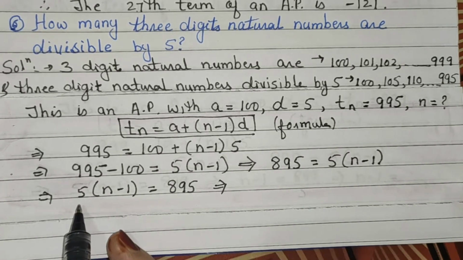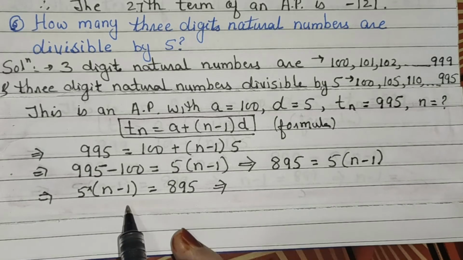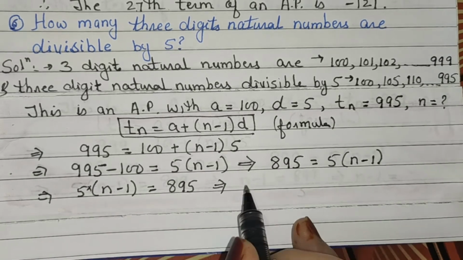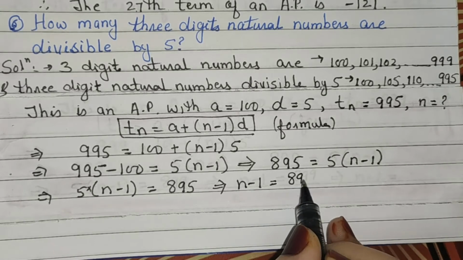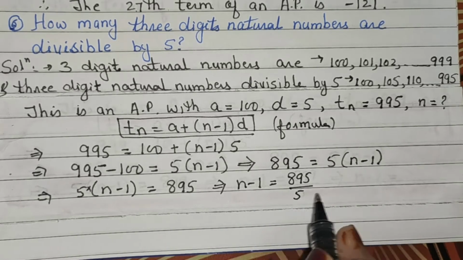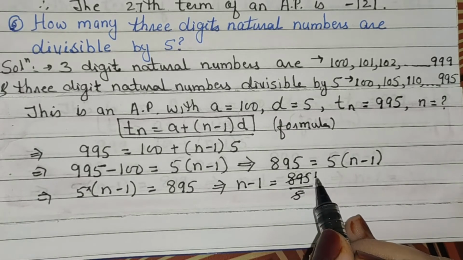Now here look at this. 5 is written at the left hand side with multiplication. Therefore, dividing by 5, we get n minus 1 is equal to 895 upon 5. Now 5 cancel it. 5 ones are 5.